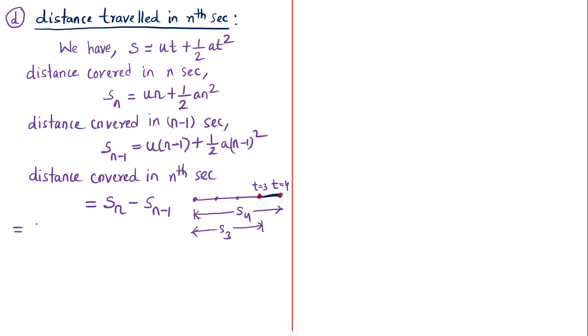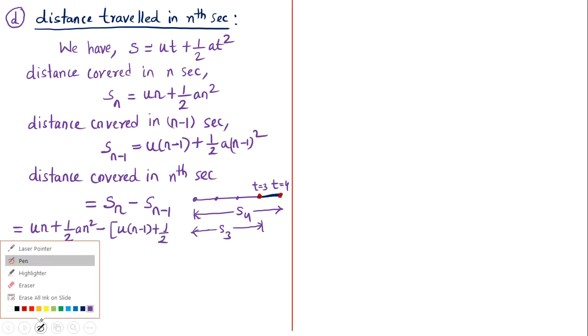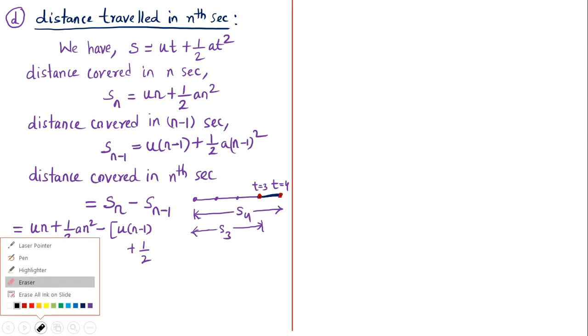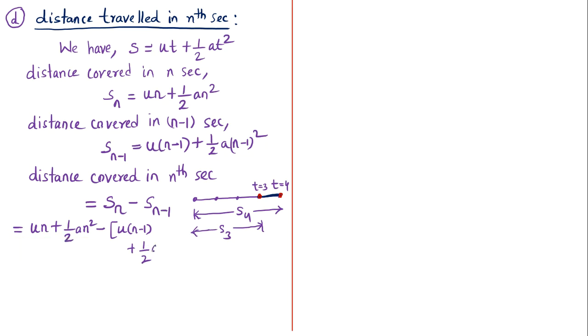Now use the equations. What is Sn? Sn equals un plus half a n square, minus, what is S n minus 1? u into n minus 1 plus half a into n minus 1 whole square. Clear? Now expand the equation.